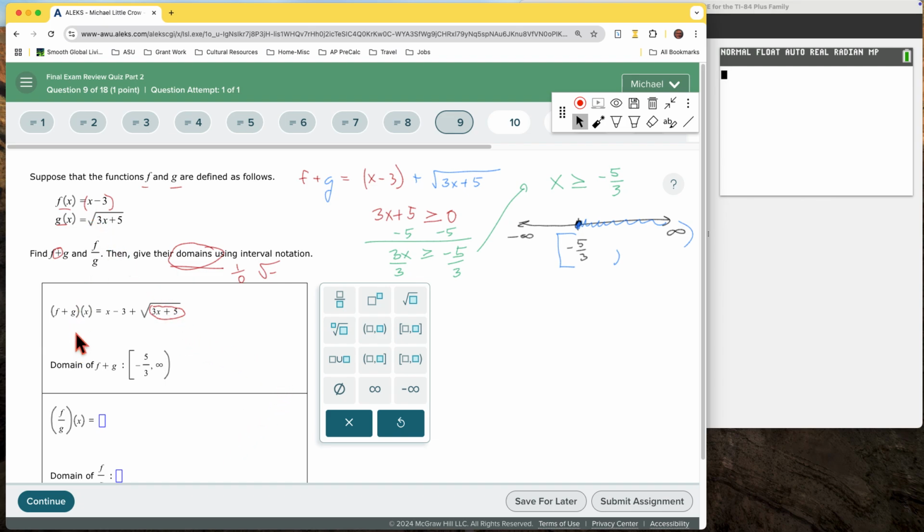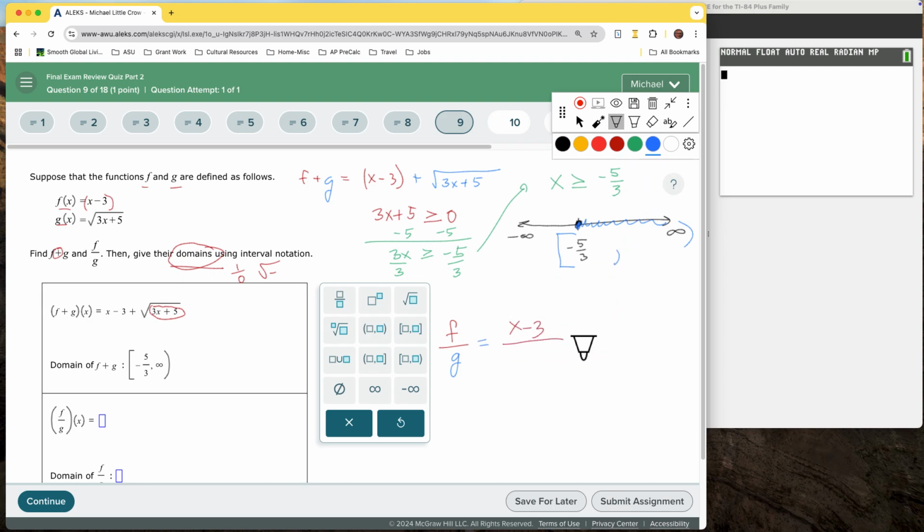The second part, we're going to divide, and again, coming up with the function is sort of the easier part. Let's go with the same colors. So we've got f over g. In the numerator is the f function, x minus 3.